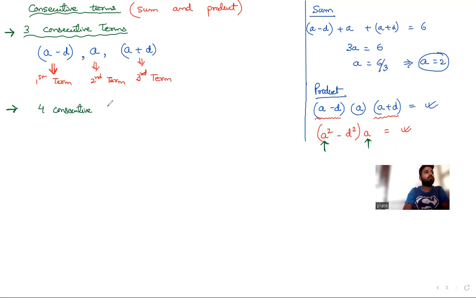Now, when it is four consecutive terms, what we prefer doing is that we take two terms, like minus 2d in terms of that. A minus d, this side we keep it as a plus d. Then a plus 3d and a minus 3d.